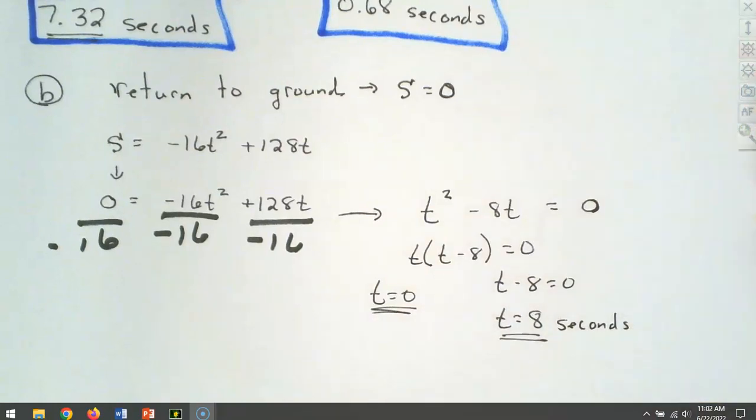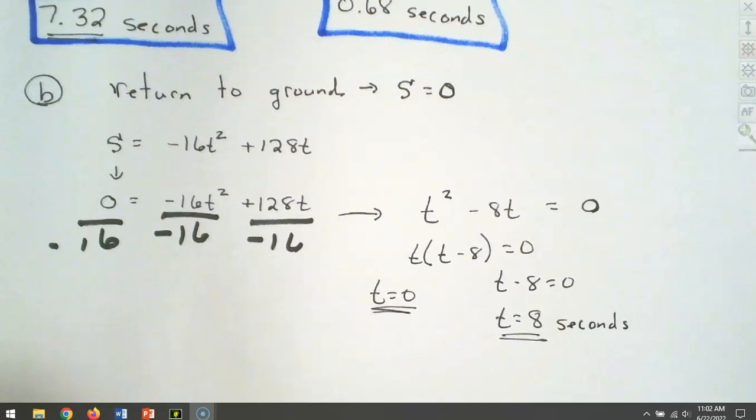Now the 0 is not a solution. Why do we have the 0 in the first place? Well, when we look at this problem originally, what's the height of the rocket when I go light the fuse? It's on the ground level, right? So it starts at 0.